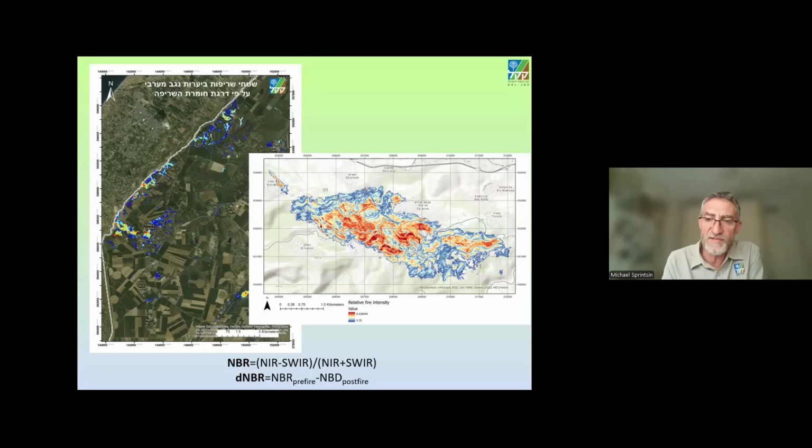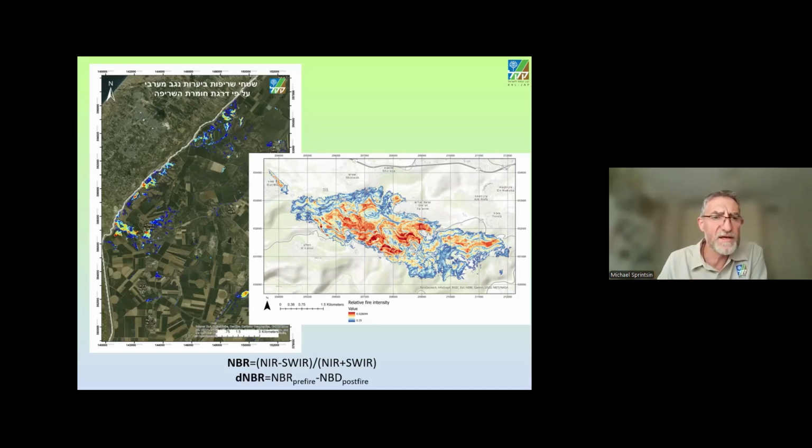There are two examples here. On the left, the forest areas that were burned during several escalation rounds of the conflict near the Gaza Strip. And the right one is one of the bigger events in the Jerusalem area. This is the index that we used. We used several others.